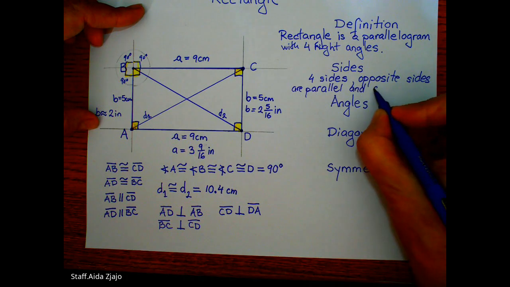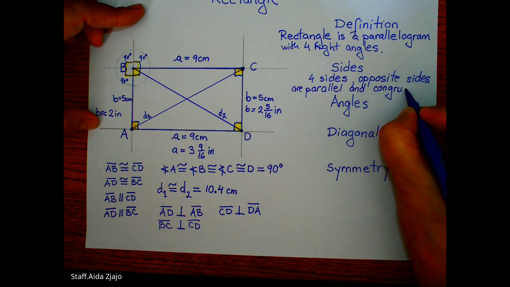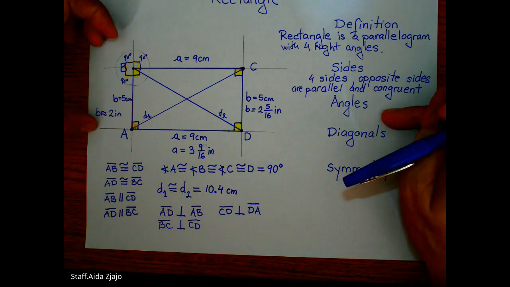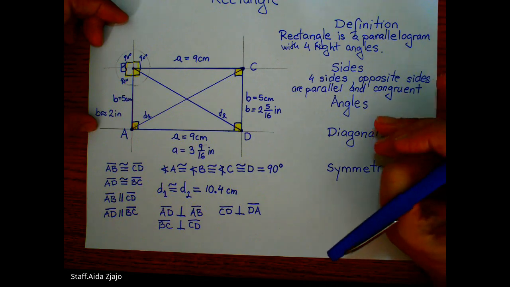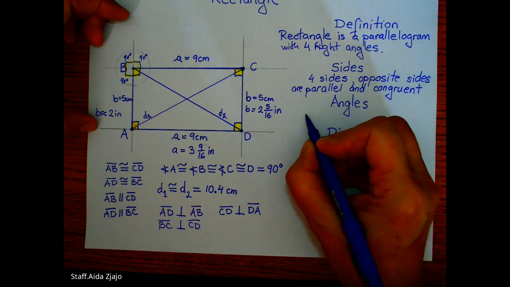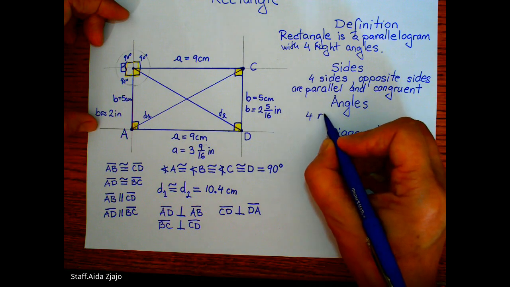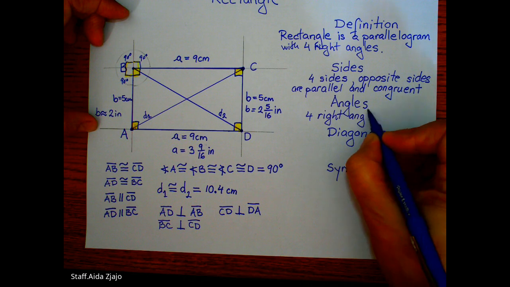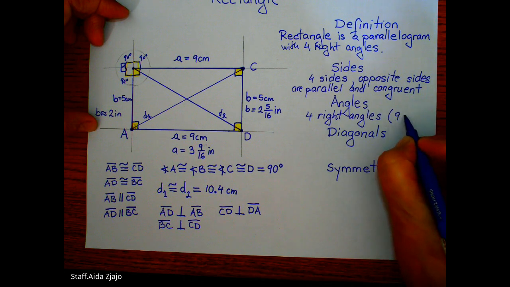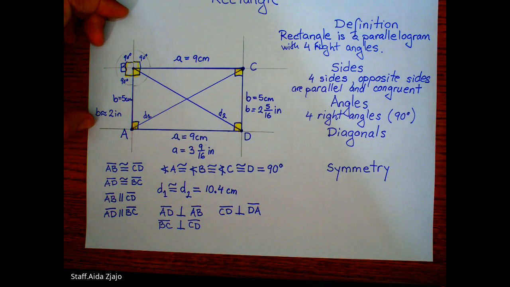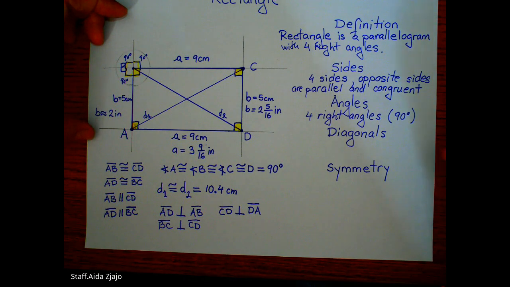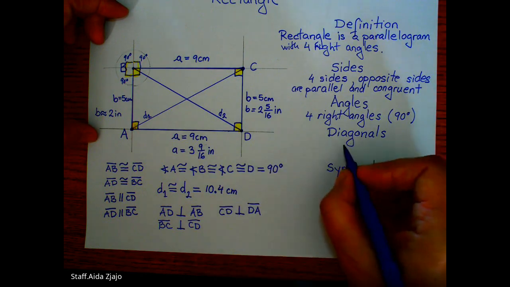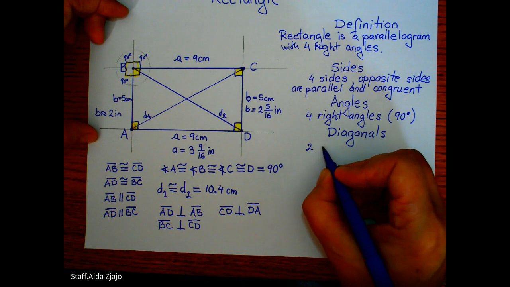Talking about angles, it has four right angles, and we can mark 90 degrees on a side so students know it's 90 degrees. The diagonals are congruent, two congruent diagonals.